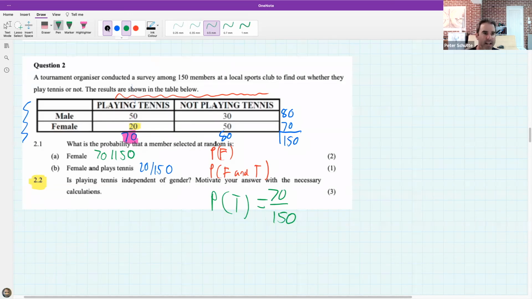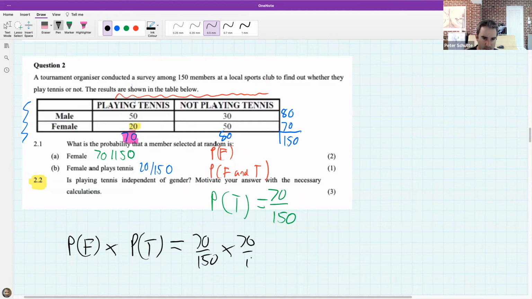Okay, now what I need to do is compare. So I take the probability of F times the probability of T, which is going to be that. And then I also want to know what that is.